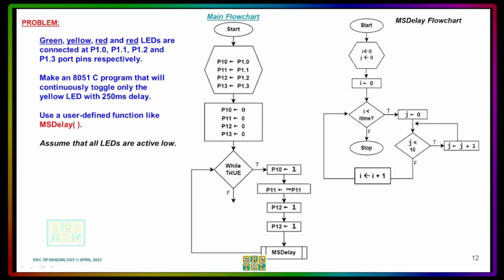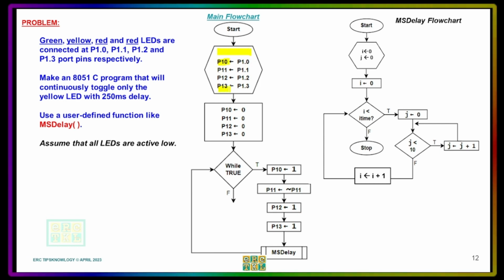So the flow chart, like what I've said, there's no more need for the X variable. So we don't have any X variable over here, only the P10, 11, 12, and 13. And then after declaration of the ports, we say that it is an output port for each. And then while true, we did the same.